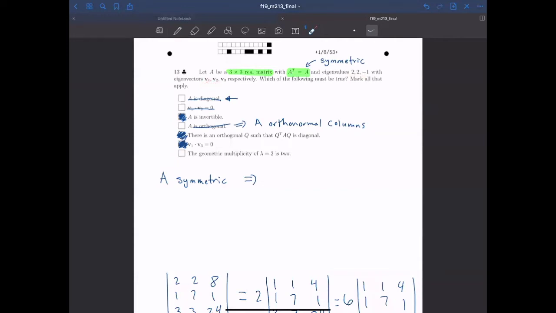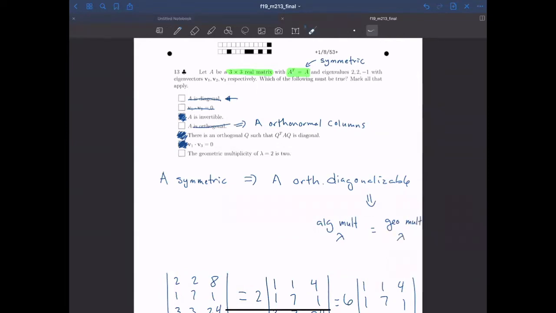But because our matrix is symmetric, we know that it's orthogonally diagonalizable, right? And remember, if a matrix is diagonalizable, that tells you that the algebraic multiplicity of every eigenvalue lambda is always equal to the geometric multiplicity of lambda.